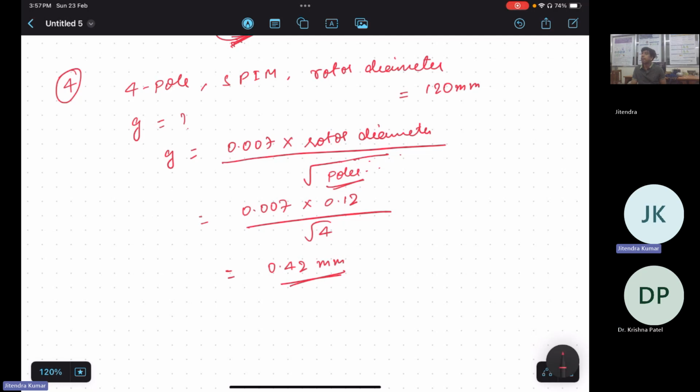Let me see. I think the type factor will come into the picture when you go ahead. Type factor is given, right? What is the relation of type factor with input voltage?